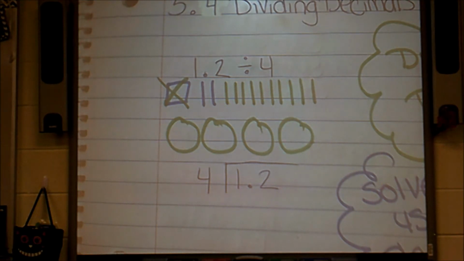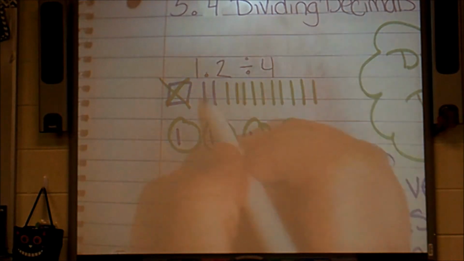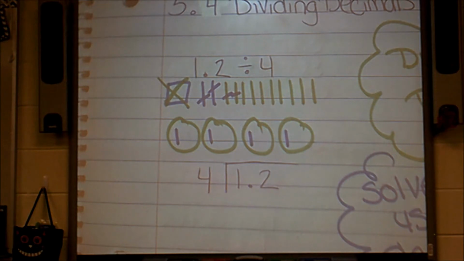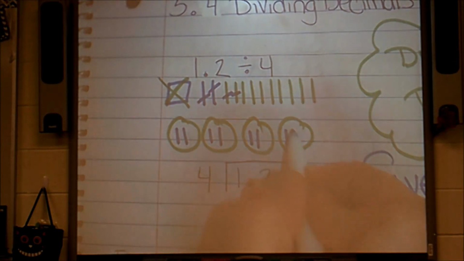So just like when we were in 3rd grade, we began working with division, we're going to start sharing. I know I have 12 of these tenths. 1, 2, 3, 4. See if I can share another 4. 5, 6, 7, 8.